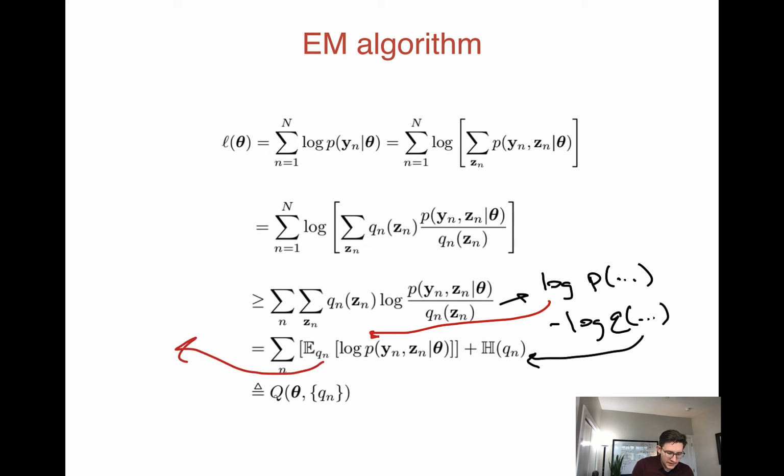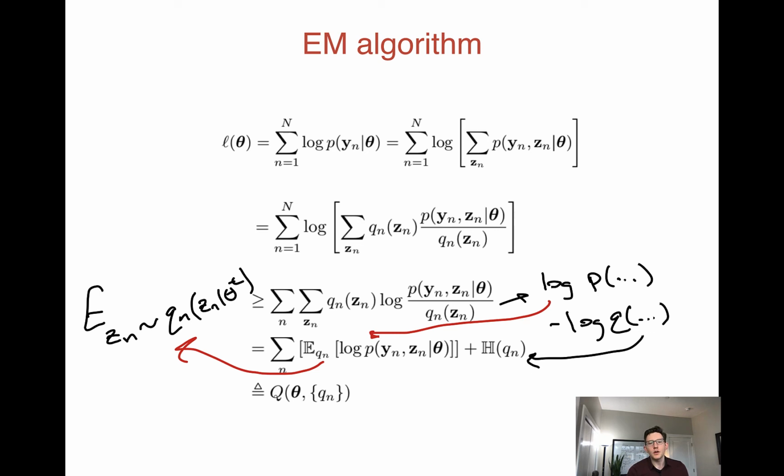We might write this as the expectation where Z of n is distributed according to Q of n, of this thing here. Notice that this has the form of an expectation. It's the sum over this distribution of this particular value on the inside. The value on the inside happens to be log of P of y of n, z of n, given theta.